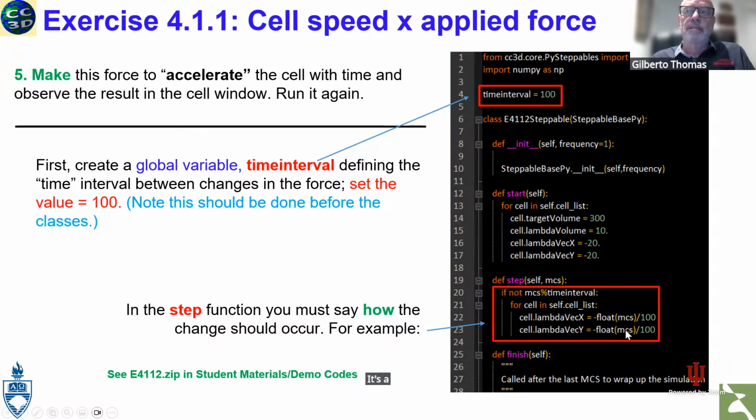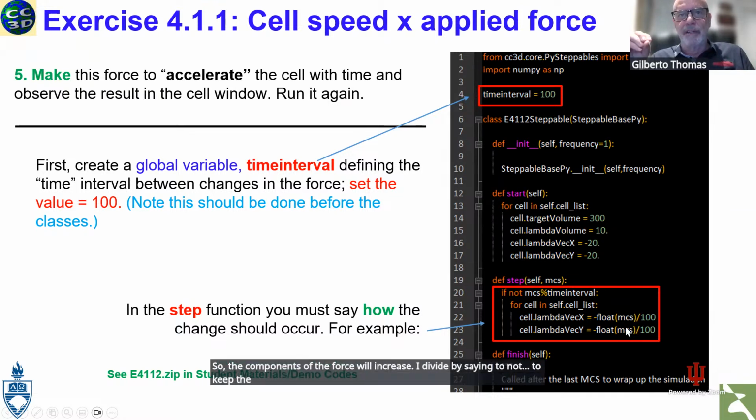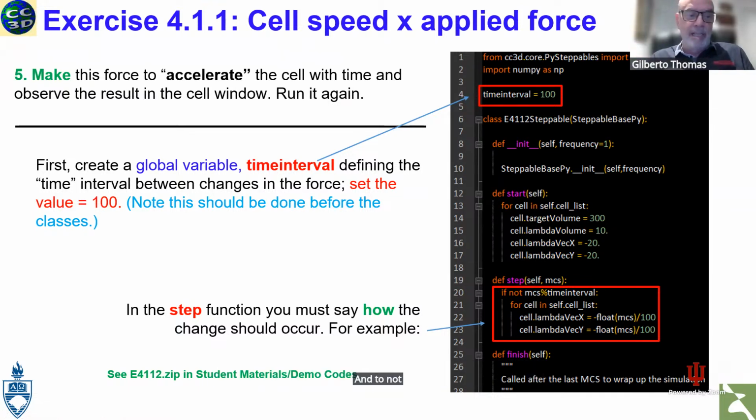It's a choice. You could put here any function. I'm choosing MCS because the time step is increasing during the simulation, so the components of the force will increase also. I divide by the same value to keep the number not very big, and to not have, as someone put in the chat, a big force that will destroy the cell. Okay? So please go ahead and implement these changes.